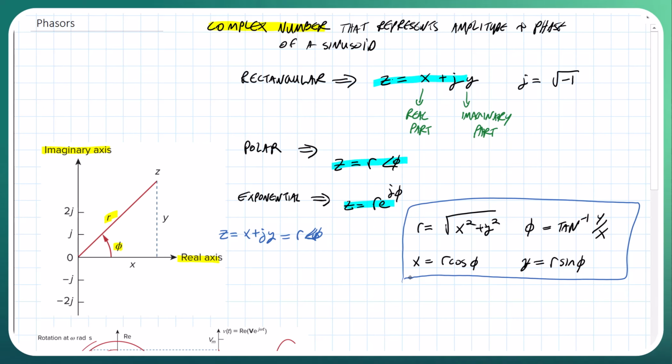I can further rewrite this as z equals x plus jy, which is equal to r angle phi, which is equal to r cosine phi plus j sine phi.